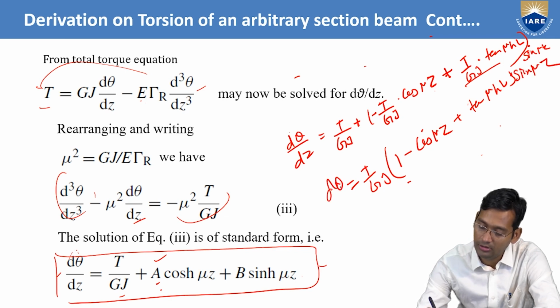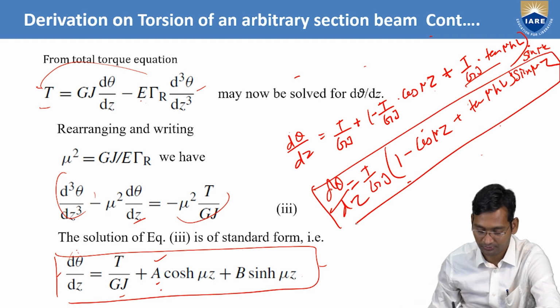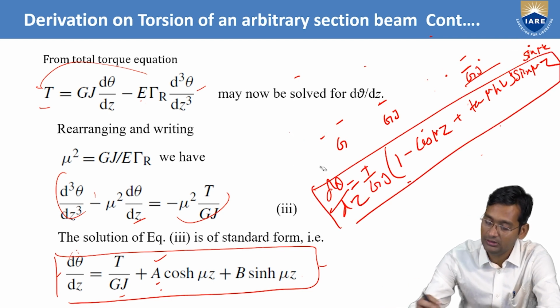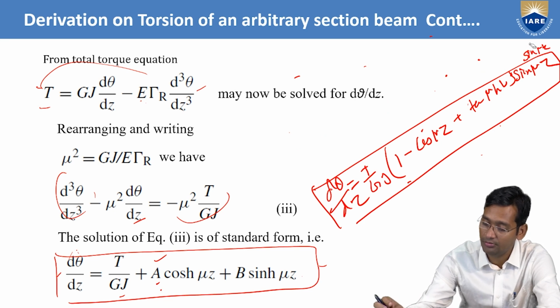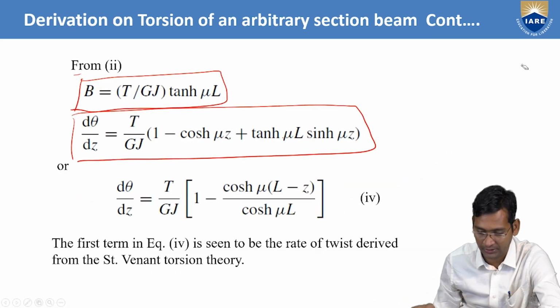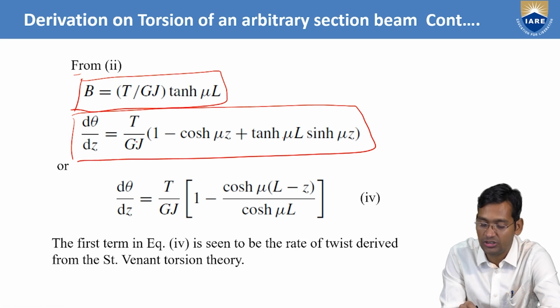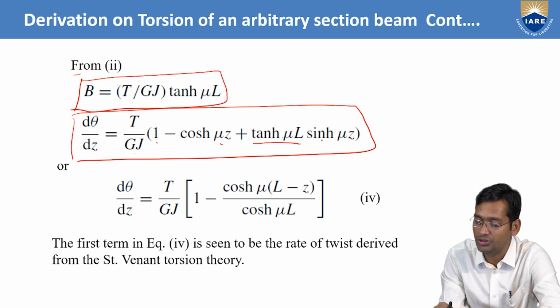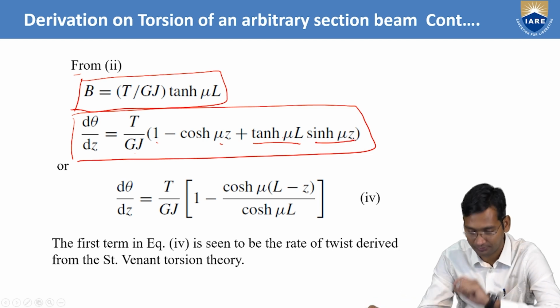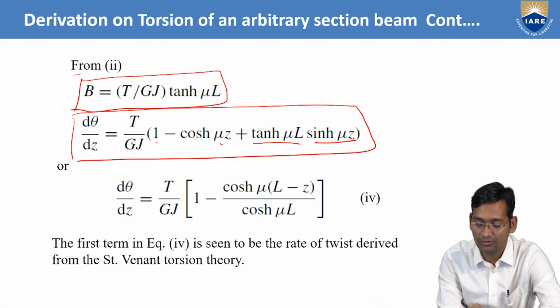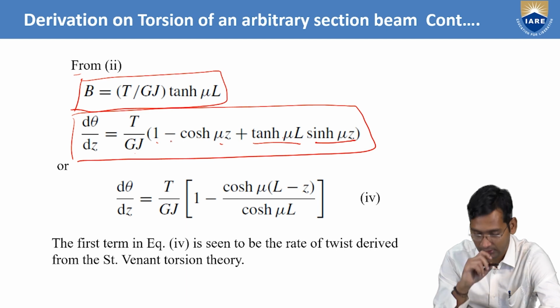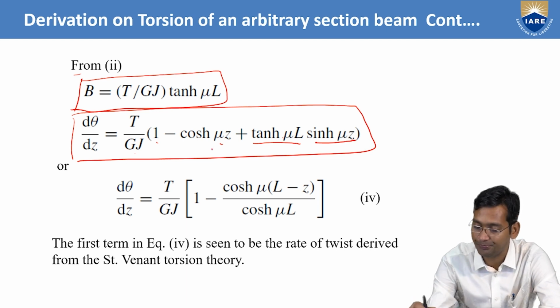So this will be the d theta by dz value. So d theta by dz equals T by GJ times 1 minus cosh mu z plus tanh mu L into sinh mu z. Now further we can simplify this, so let's see how we can simplify.